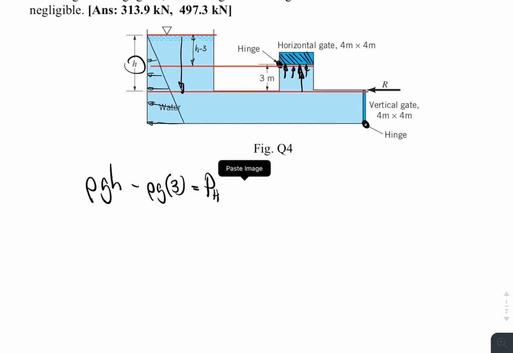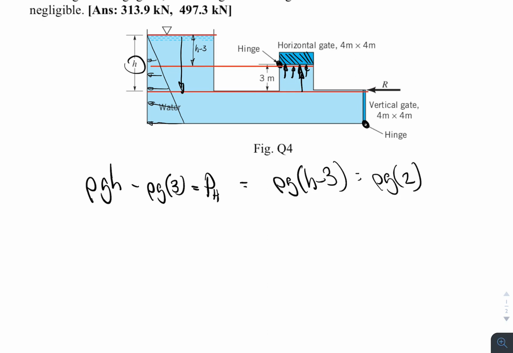Okay. So once you have that, you now have the pressure at h. It turns out, of course, that that is equal to rho g (h minus 3), which is rho g times 2, where h is 5. So that's going to give us the pressure force acting here on this lower surface. We know the area is 4 by 4 meters.